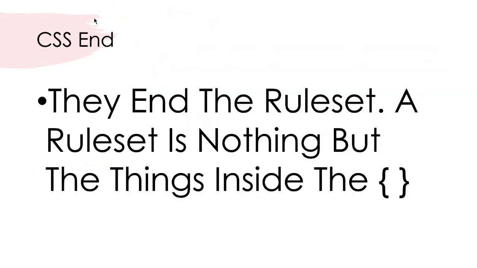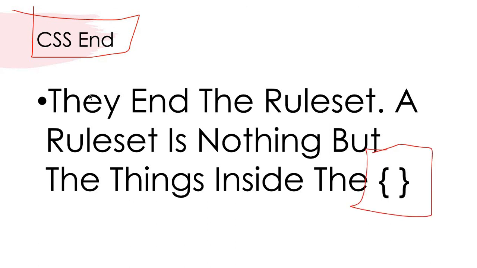Now let's get to the CSS end. So they end the rule set. A rule set is nothing but the things inside the two curly braces. Okay, what does this mean?